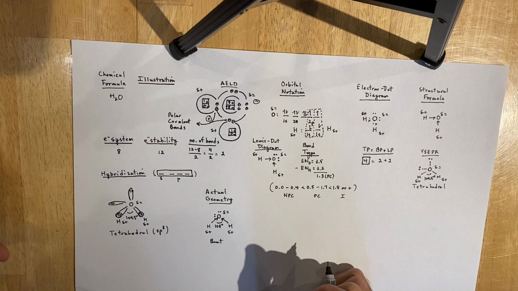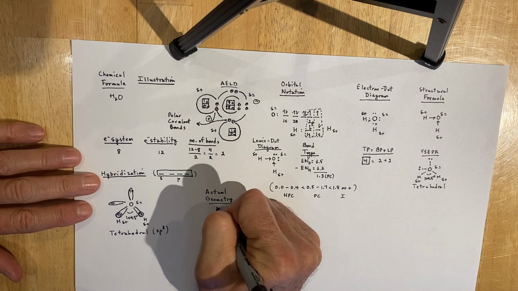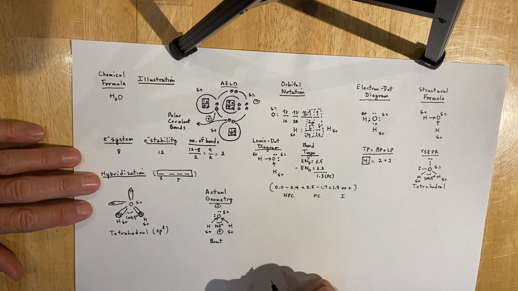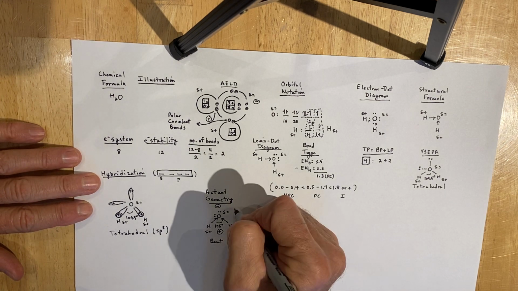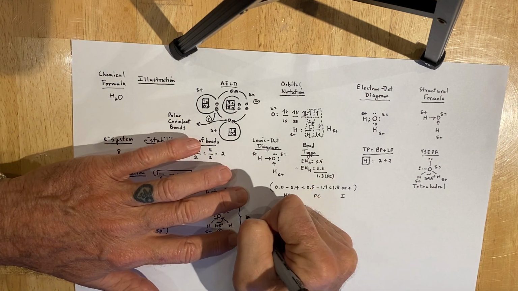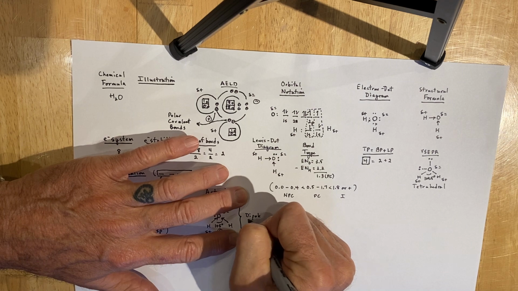So that being said, that explains why water is in fact a polar molecule, because this end is negative and this end is positive. So a dipole exists, and I could very simply write this out like this. We could say a dipole, what? Exists.